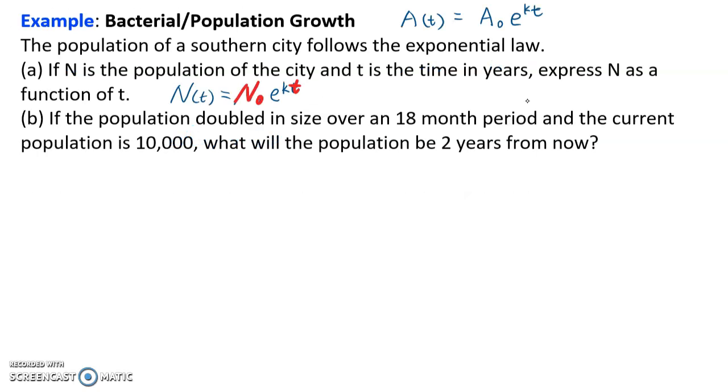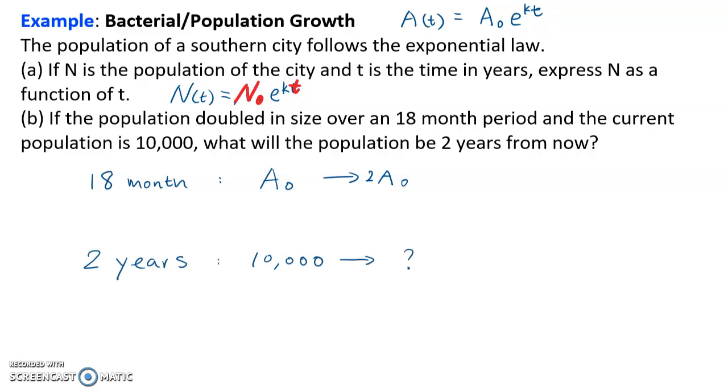Now let's look at part B. If the population doubled in size over an 18-month period, and if the current population is 10,000, what will the population be in 2 years from now? First of all, we know in 18 months, the population will double. So if your initial population is A naught, after 18 months, it will become 2A naught.